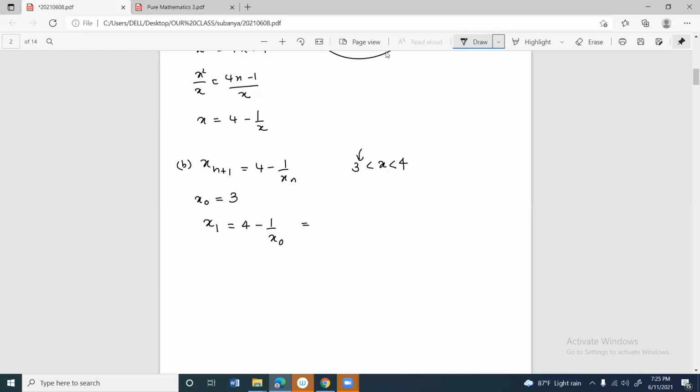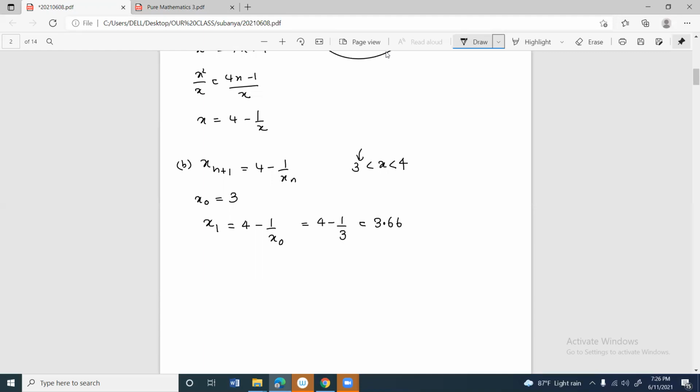Then what is the first answer? 4 minus 1 over 3. That answer is 3.66667. So this is a way of understanding this question.